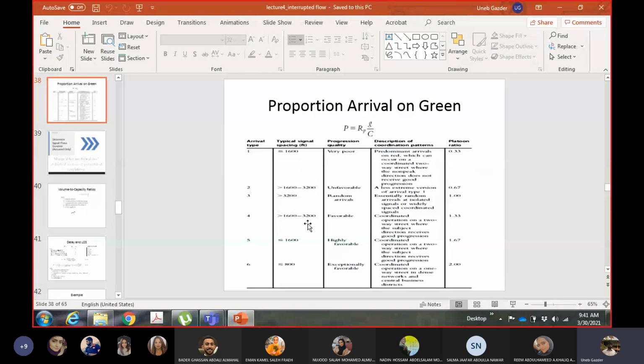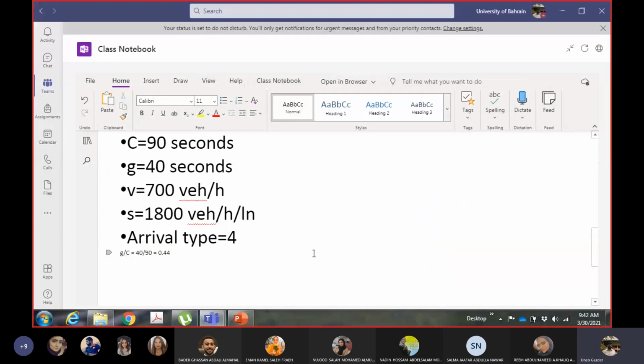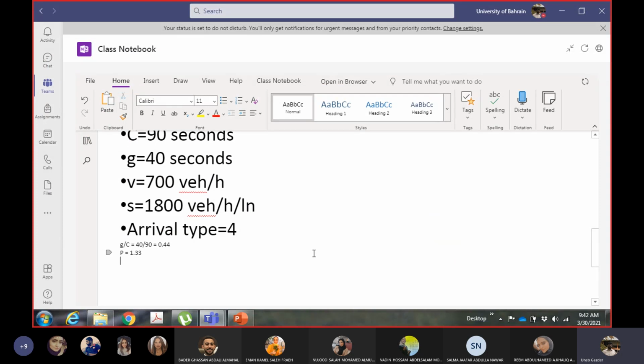They already did the spacing, found out the spacing of the signals. It was in this range and it was coordinated for a two-way street. So for arrival type 4, this is 1.33. So the p value is 1.33.